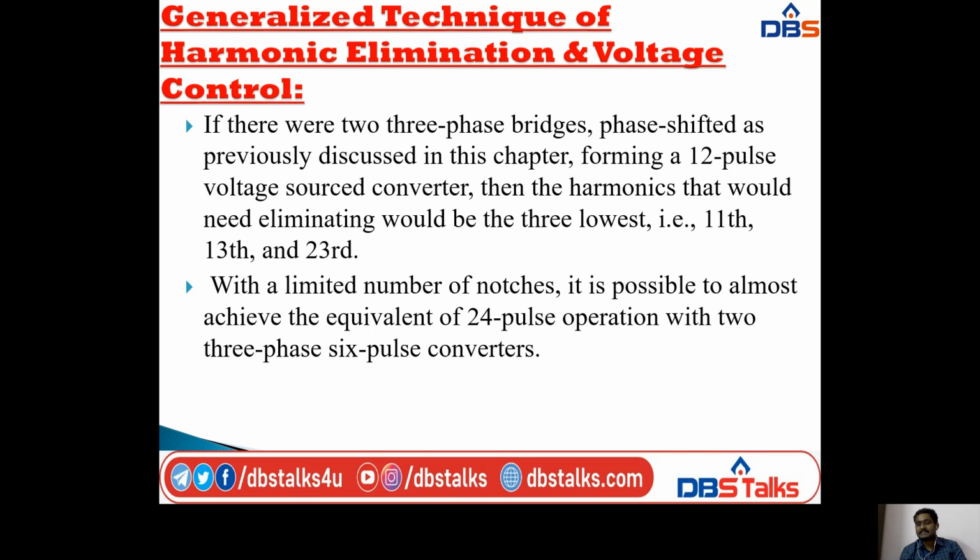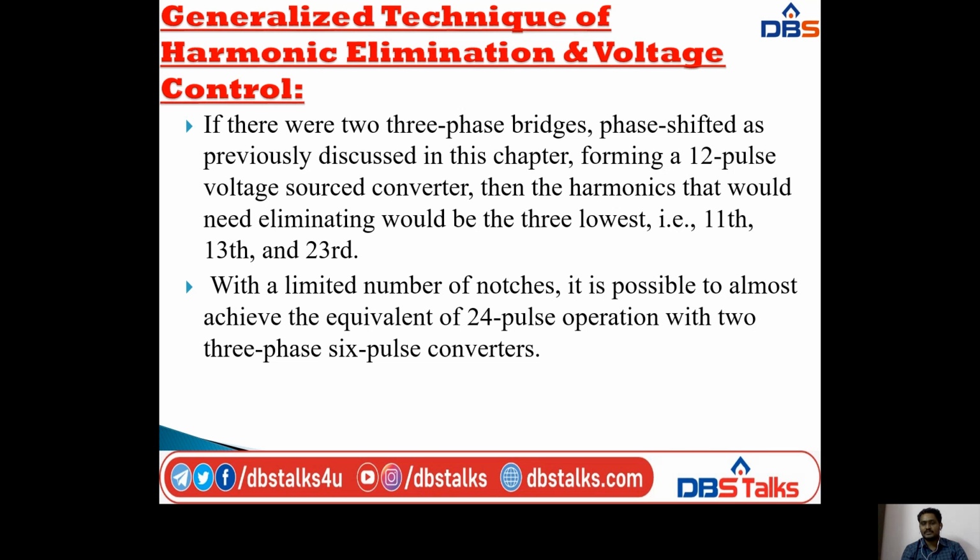That means 12 plus or minus 1 harmonic order for a 12 pulse converter. I already discussed this in the transformer connections and the 3-level converter. So these have to be eliminated: 11th, 13th and 23rd.